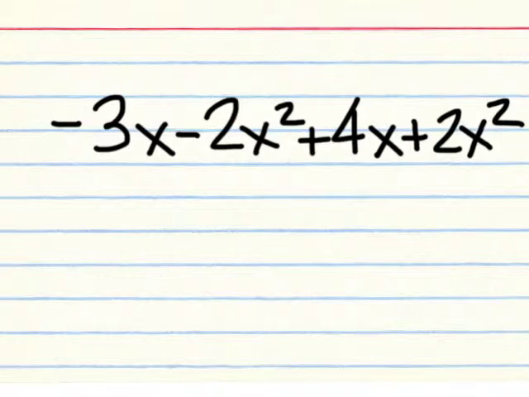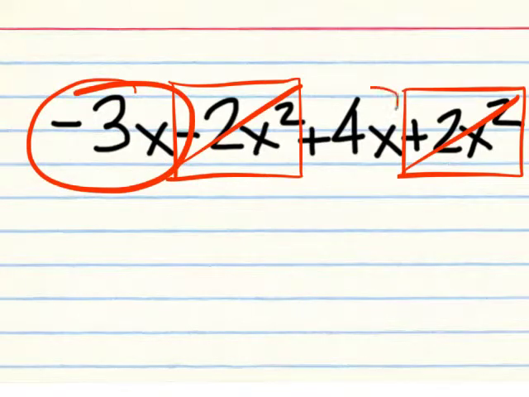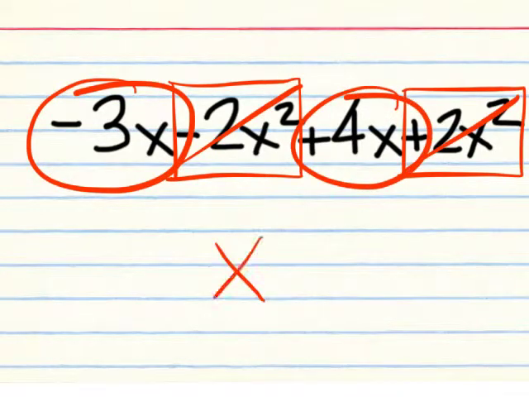The solution to the practice problem, you have negative 2x squared plus 2x squared. Those cancel each other out. Do not write 0x squared. Just don't put anything. And then you have negative 3x plus 4x. That's 1x. So the answer is x.